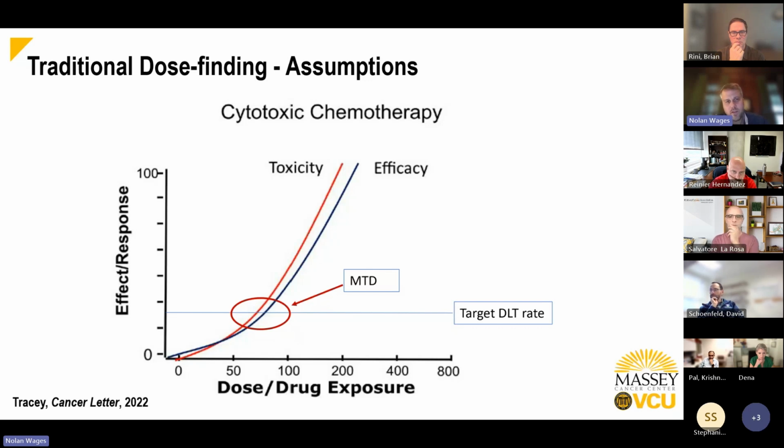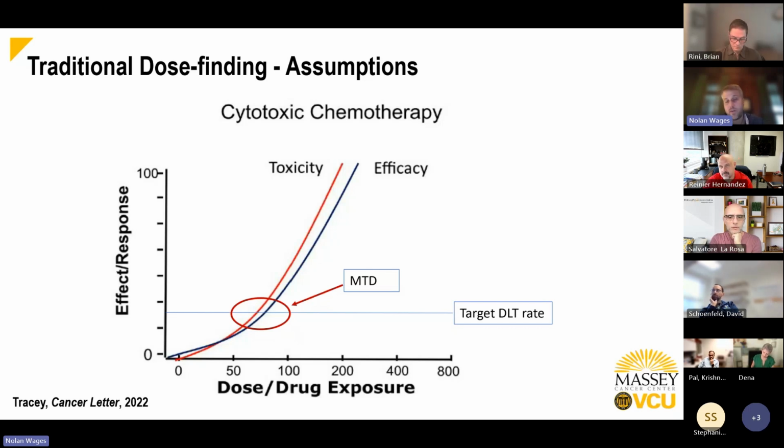But also driving the design of these trials is an assumption that as dose increases, the probability of efficacy also increases. We're going to relax that assumption later in the talk and talk about some designs that are able to be used when that assumption does not hold true. But the idea that we're finding an MTD, we're pushing the dose as high as we can up until some acceptable DLT rate, is really driven by the assumption that as we push the dose higher, we don't want to go beyond that safety threshold.